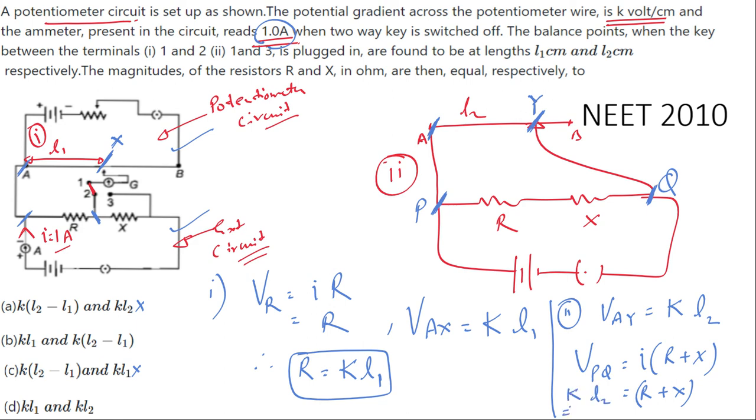Here we have already found the value of R, so we can put this value here and we will get the value of X to be KL2 minus KL1. So the final answer is for R it is KL1 and for X it is K times L2 minus L1. So option B is correct in this case.